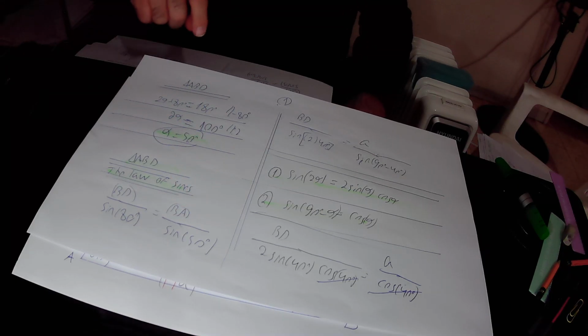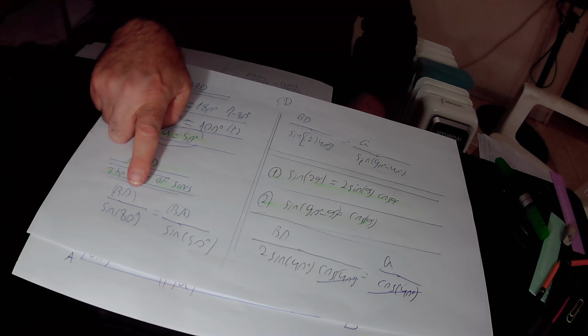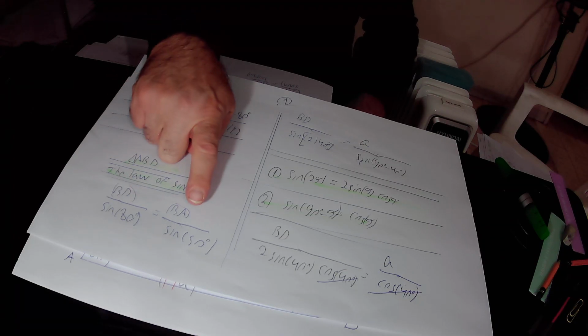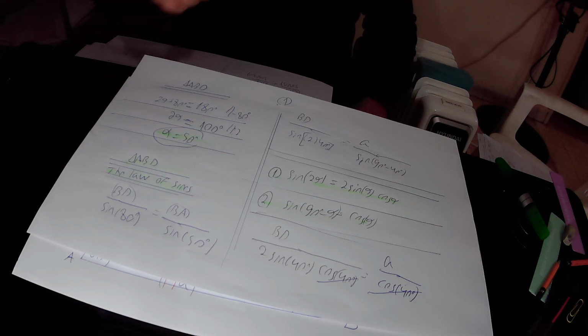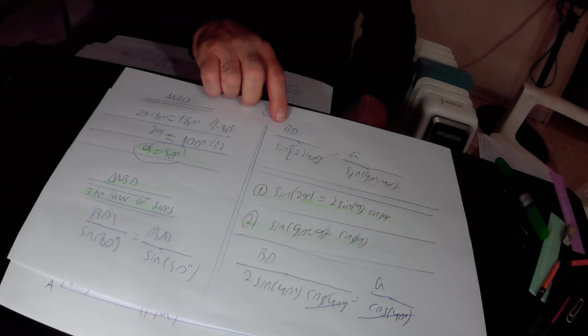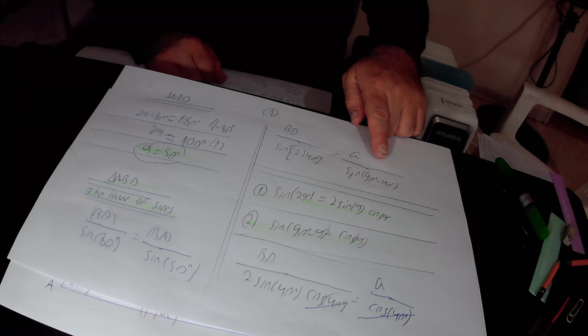The next step, we substitute 80 degrees by 2 times 40 degrees, and we substitute 50 degrees by 90 degrees minus 40 degrees. And we find that BD over sine of 2 times 40 degrees equals A over sine of 90 degrees minus 40 degrees.